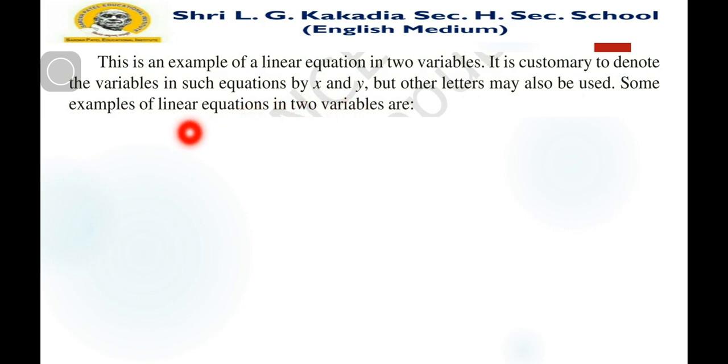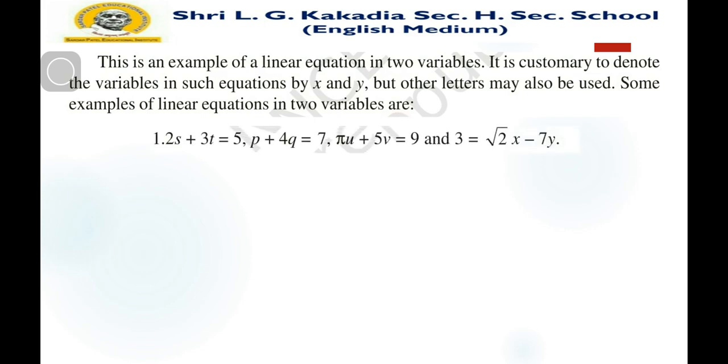Some examples of linear equations in two variables are: 1.2s plus 3t is equal to 5, p plus 4q is equal to 7, pi u plus 5v is equal to 9, and 3 is equal to square root 2x minus 7y.